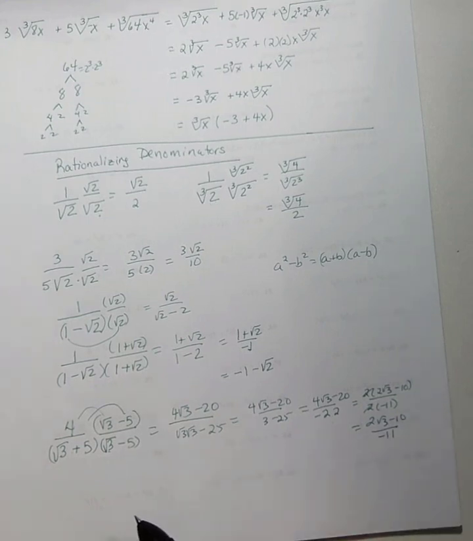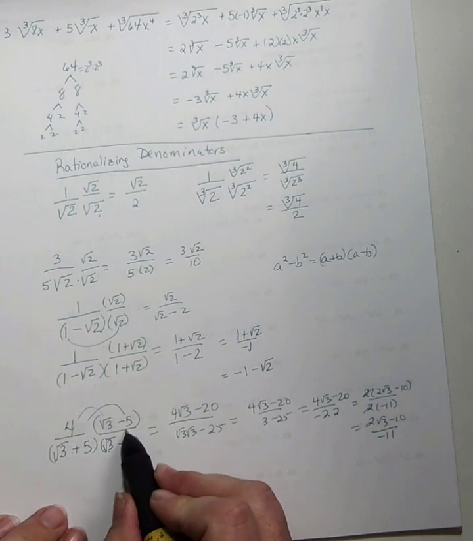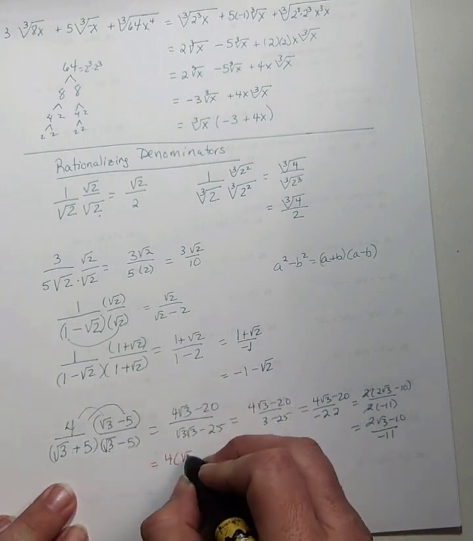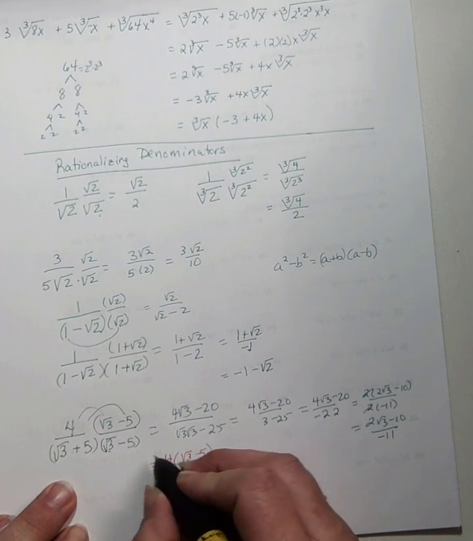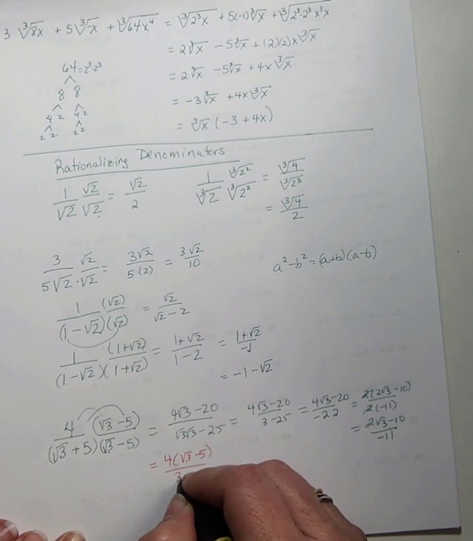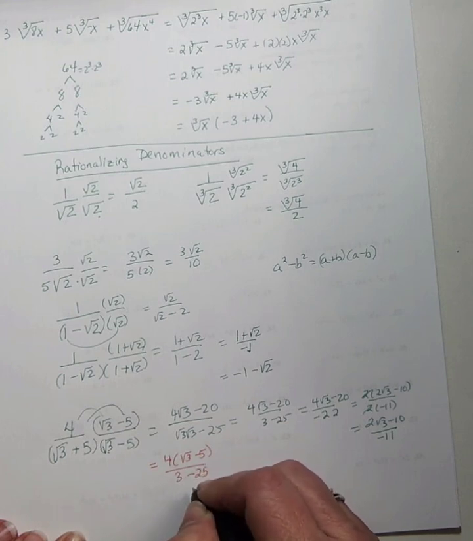And this brings me to a point. Generally, when I work on a problem like this, I wouldn't have distributed first. I would have left it as 4 times square root of 3 minus 5. Rationalize that denominator knowing it's the square of the first, so that would have been a 3 minus 25.